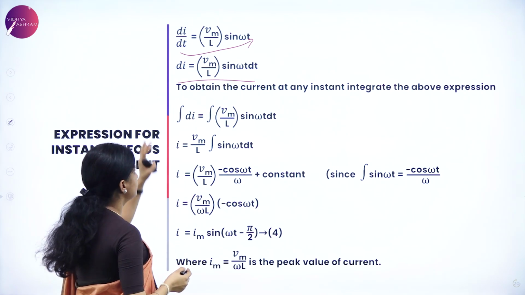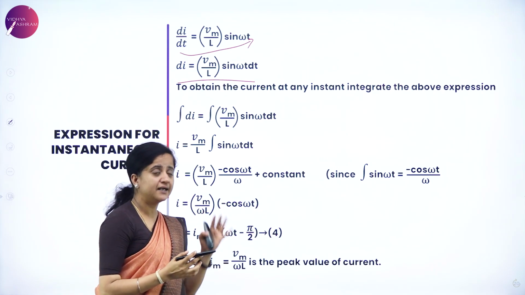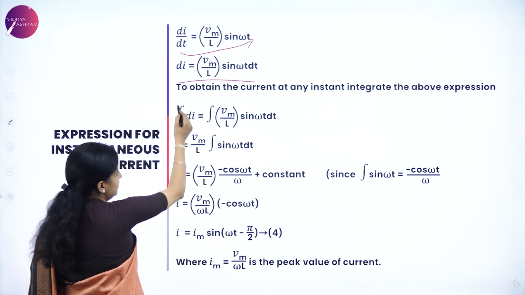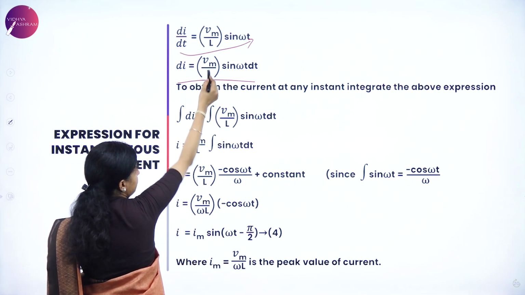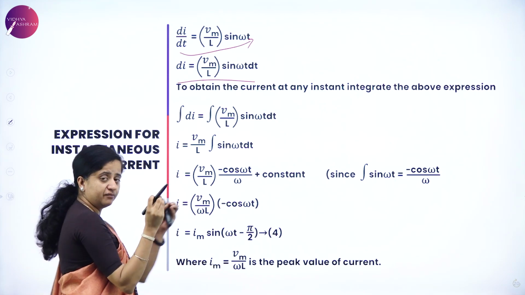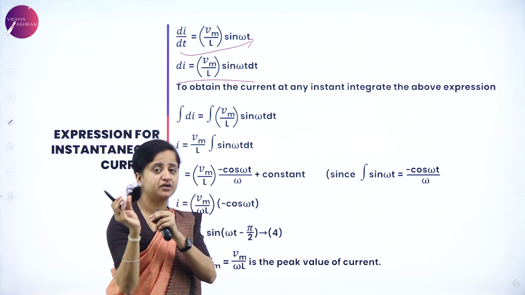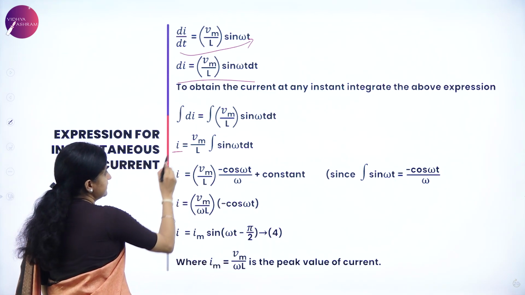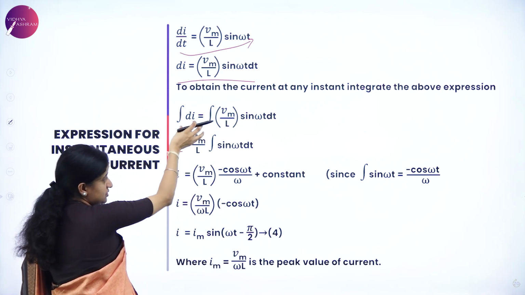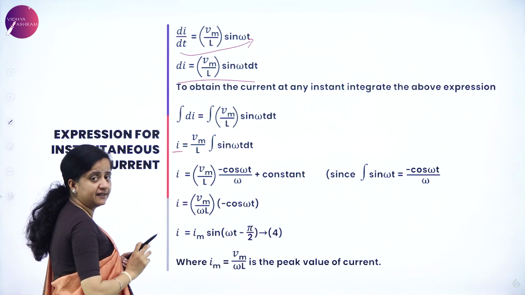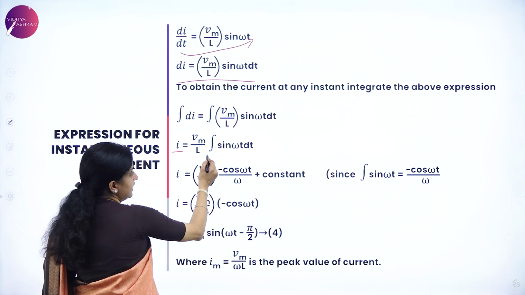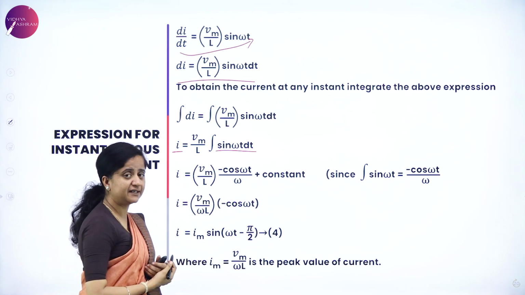To obtain the total current at any instant of time, we have to integrate the above equation. So the integral of di is equal to the integral of Vm divided by L sin omega t dt. When you combine the small amounts of current, we get the total current I, which is equal to Vm divided by L. That's a constant, because the instantaneous voltage and the inductance have no changing values, and we have to integrate the function sin omega t dt.